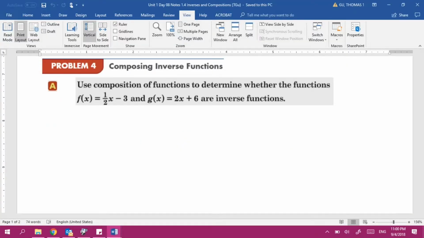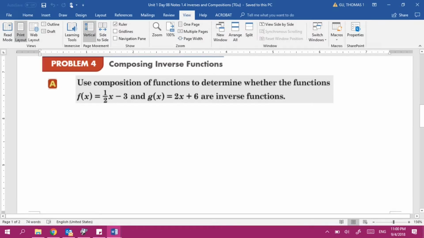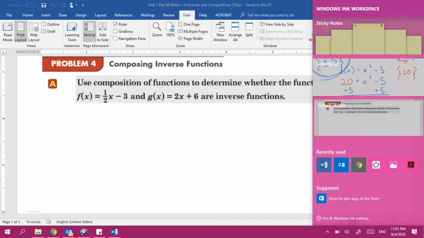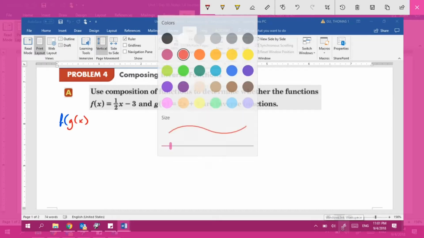Use the composition of functions to determine whether the functions f of x equals 1/2 x minus 3 and g of x equals 2x plus 6 are inverse functions. Let's check it out then. So we need to go both ways on the composition. So on one of them, I'll write f of g of x.